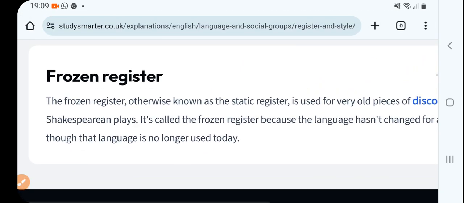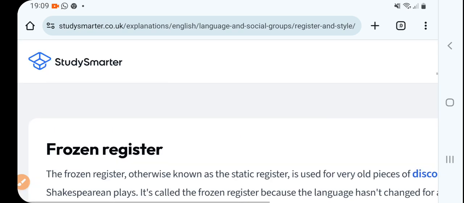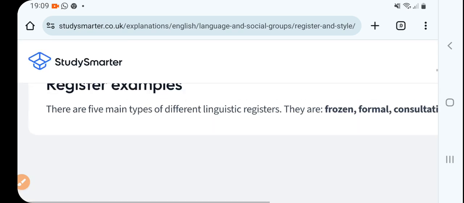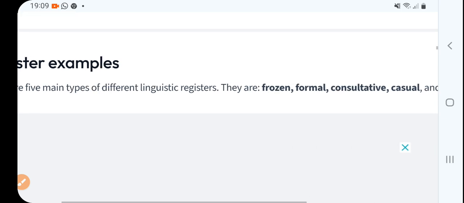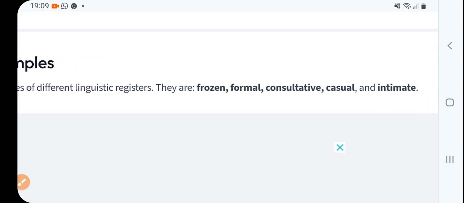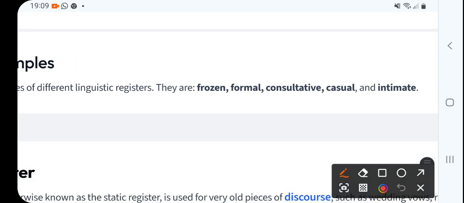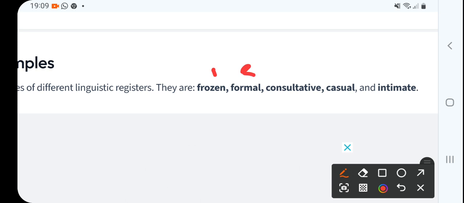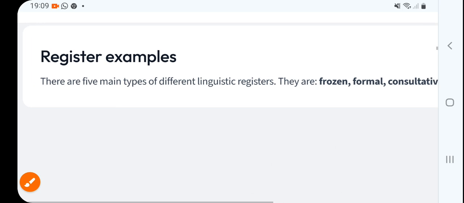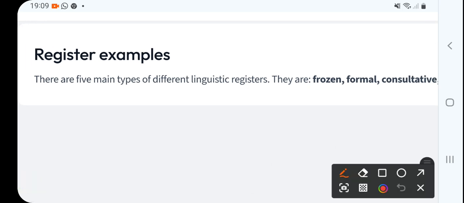Now, the first type is frozen, right? Here we can see frozen, formal, consultative, casual and intimate. These are the 5 main types of linguistic register.